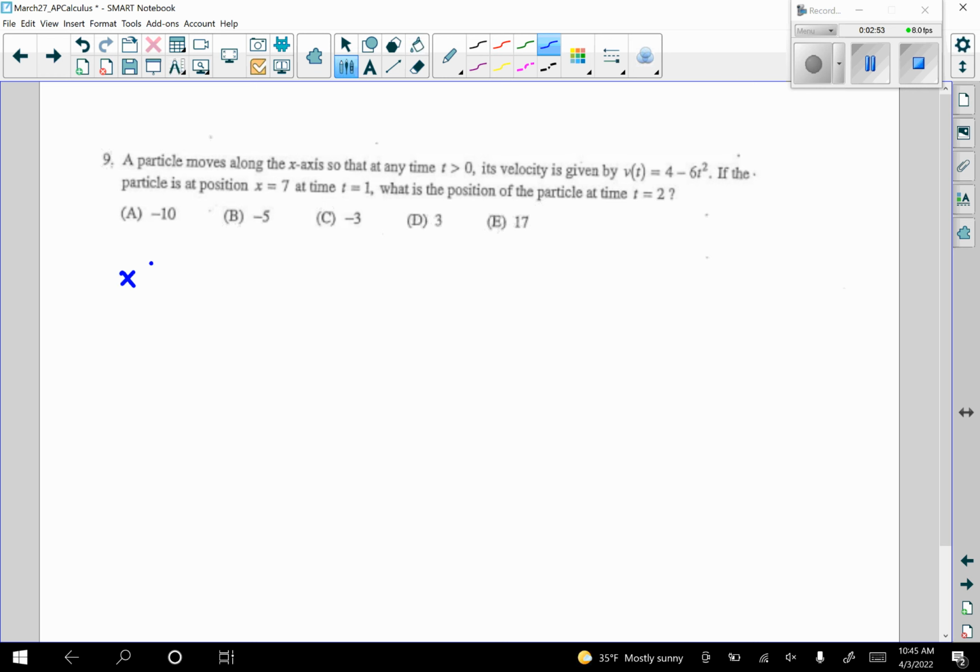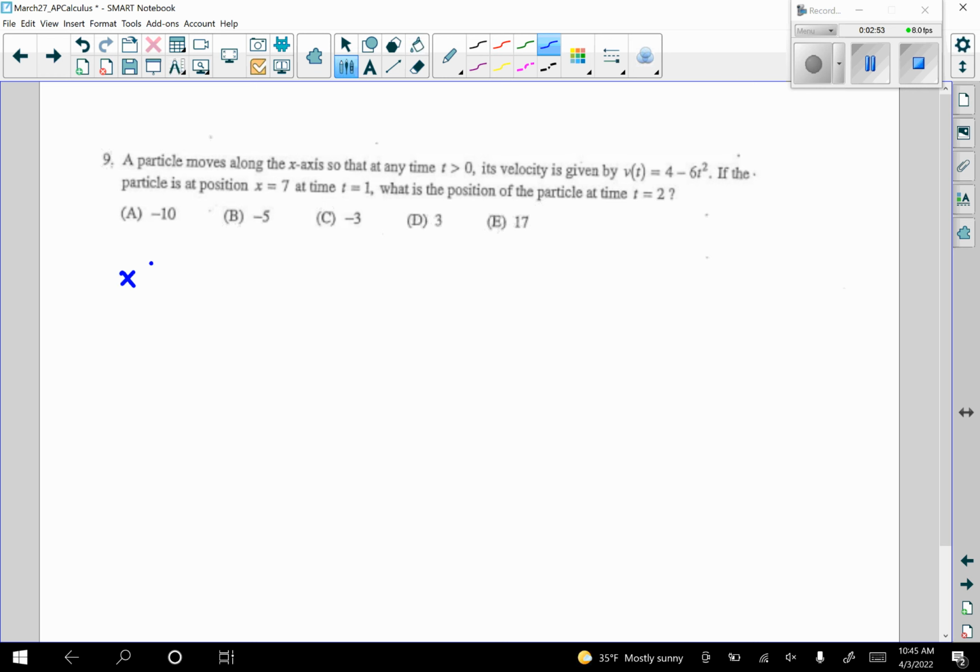So this simplifies to 4t minus 2t cubed plus c. Then we'll use our initial condition. So this is really saying x of 1 is equal to 7. So we'll set this equal to 7. T is 1, so we'll have 4 times 1 minus 2 times 1 cubed, which is just 2, so we'll have 4 minus 2 plus c, and c would equal 5.